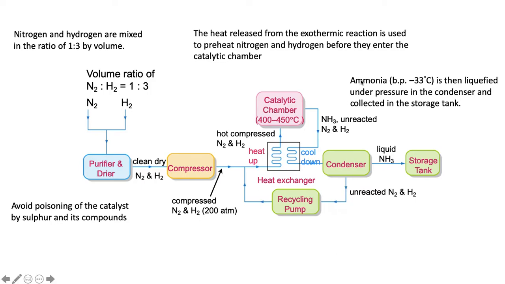The ammonia is then liquefied under pressure in the condenser to collect in the storage tank. After that, the unreacted nitrogen and hydrogen are recycled. So this summarizes the key flow in the Haber process.